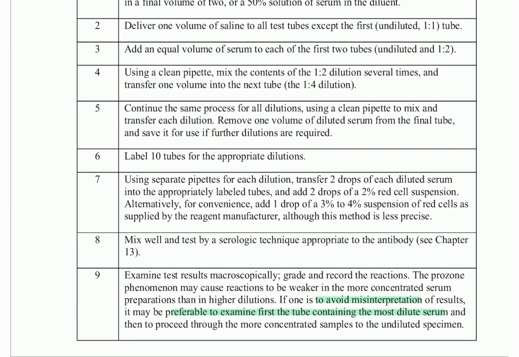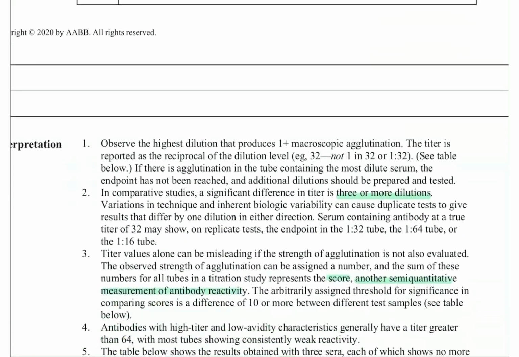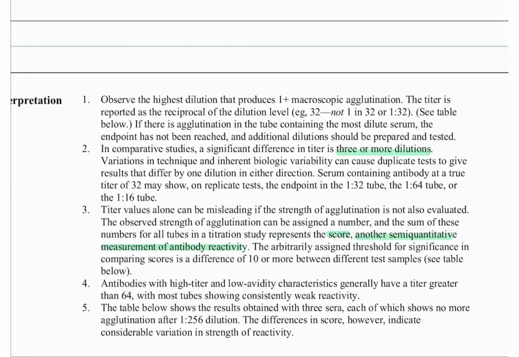This is again to avoid misinterpretation of results. When you observe the highest dilution that produces a 1+ macroscopic agglutination, this is your titer level that is reported. The titer endpoint is the reciprocal of the dilution, so a 1:32 dilution is a titer endpoint of 32.